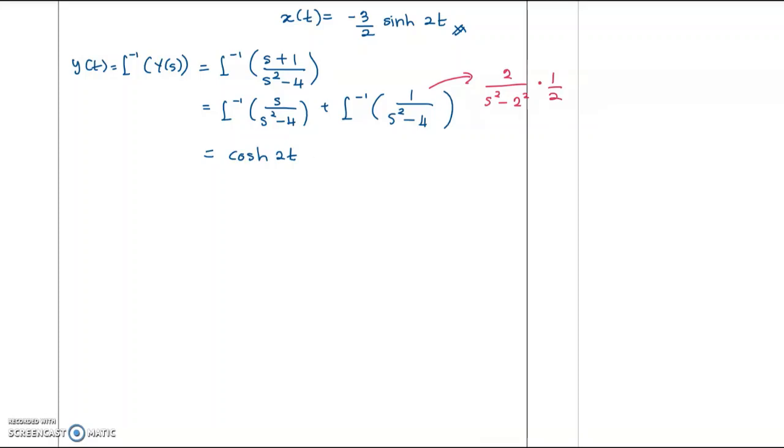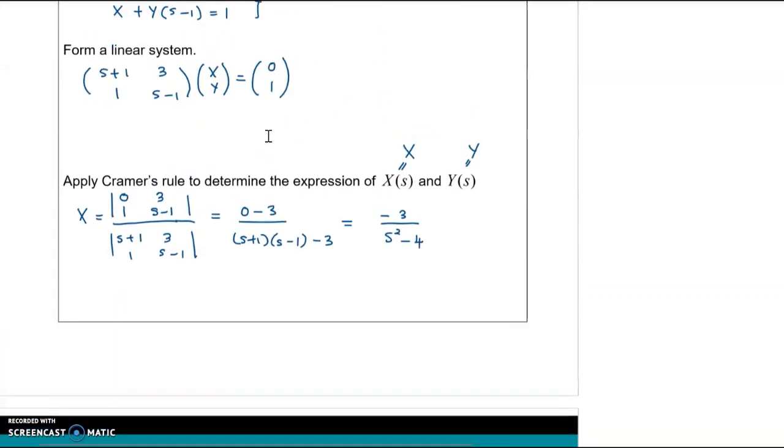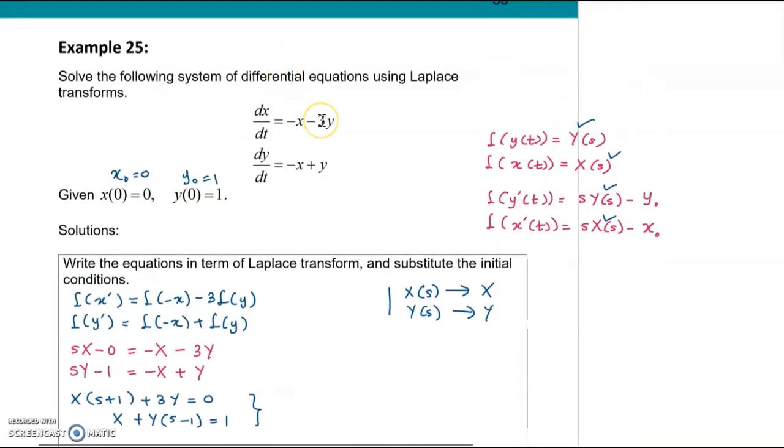Okay, so this is now 1 over 2 inverse of 2 over s squared minus 2 squared, which is again sinh 2t. So that is our x(t) and y(t). Okay, so those are the steps that we need to follow in order to solve the system of differential equations.